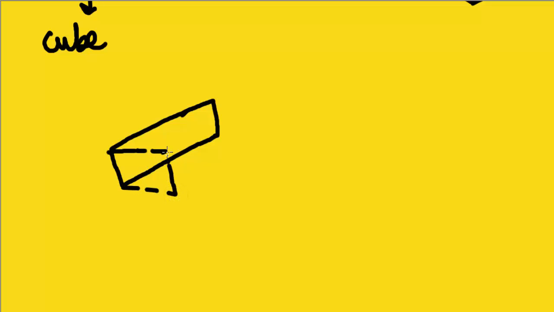I'm just going to break down the cuboid into bits so you can fully understand all the sides. This is one side of a cuboid. This should be a square. Let me make this square sort of thing. And this is another side of the cuboid. And then there's a square side there.